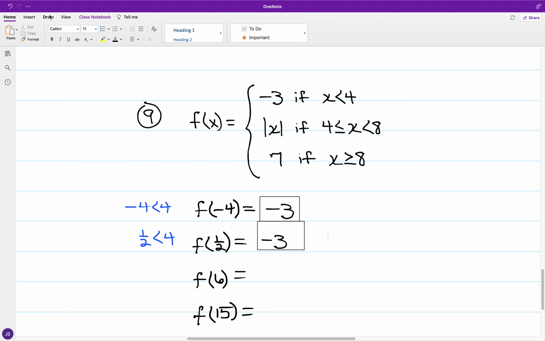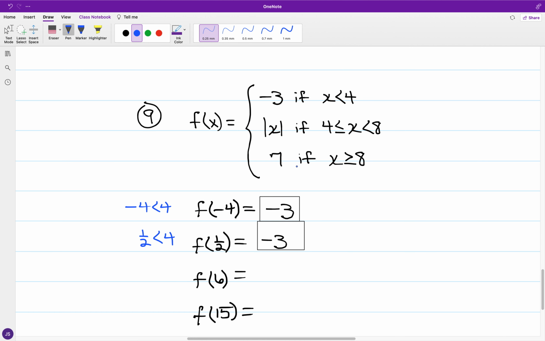And for what we have in the case of f of 6, 6 is not less than 4, so we're not going to have f of 6 equal to negative 3. Now for the next, 4 is less than or equal to 6, and 6 is less than 8. That statement is true. For 4 is less than 6 in the less than or equal to part, and 6 is definitely less than 8.